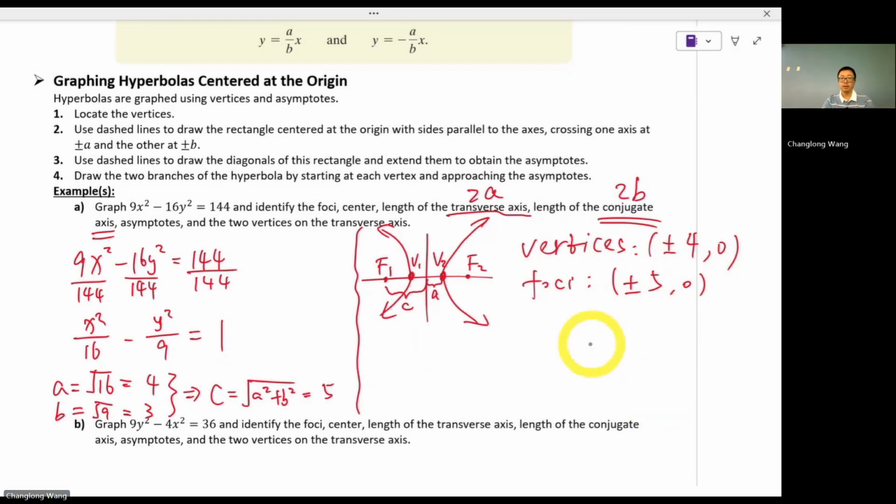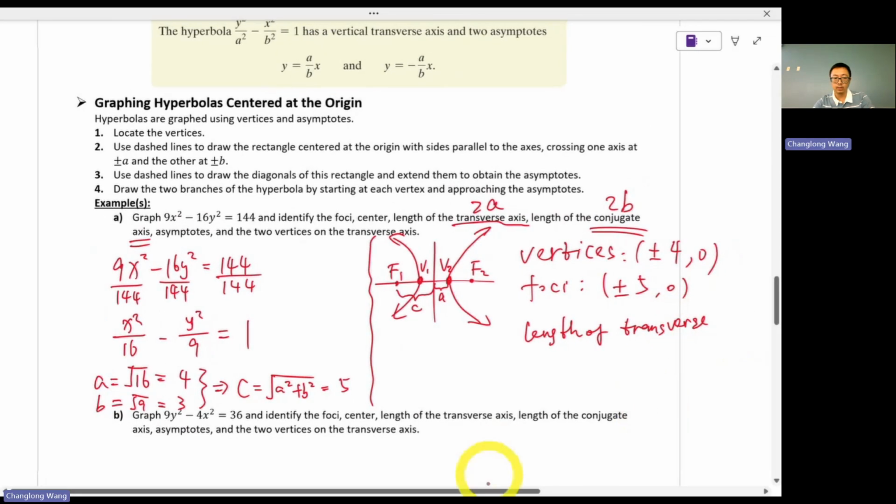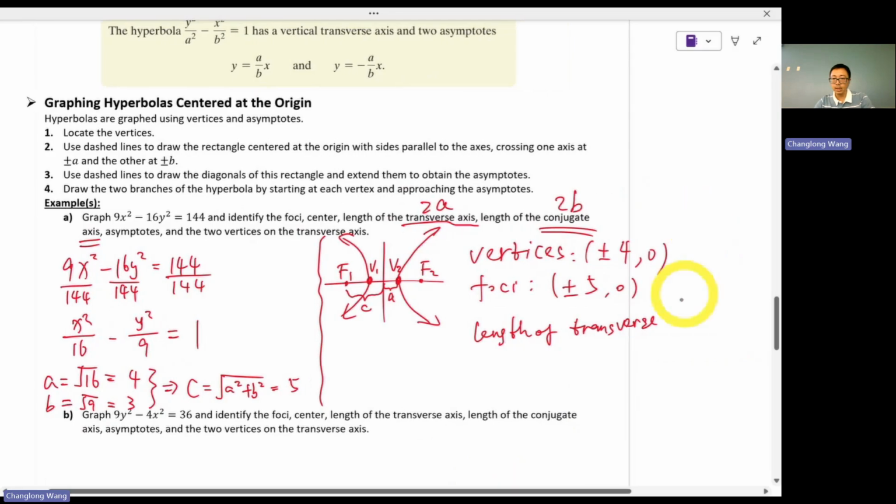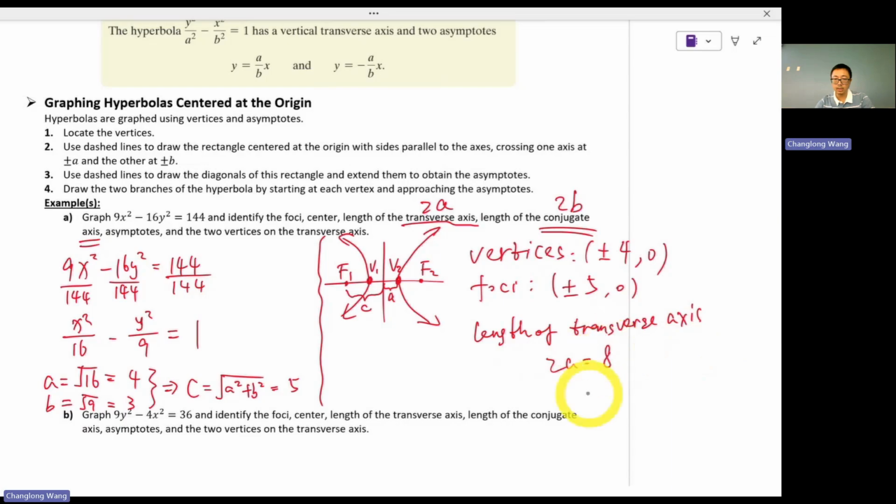Is that all? I mean, the length of the transverse axis. Sorry, let me scroll to the right a little bit. The length of the transverse axis is 2A, which is 8, right?